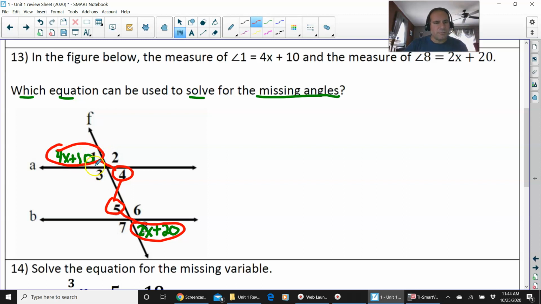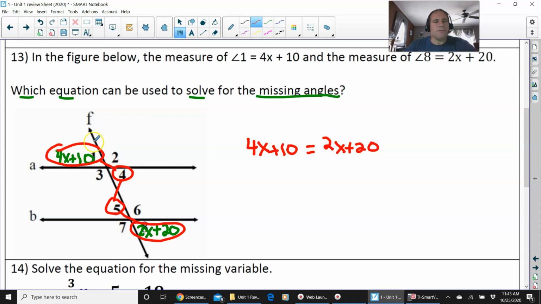You notice that this is small, this is small, this is acute, this is acute. They're all small, so that means they're equal to each other. So what equation would you use for angle 1 and 8 to solve for the missing angles? Well, you would put 4x plus 10. These are not supplementary angles. They're equal to each other, equals 2x plus 20.